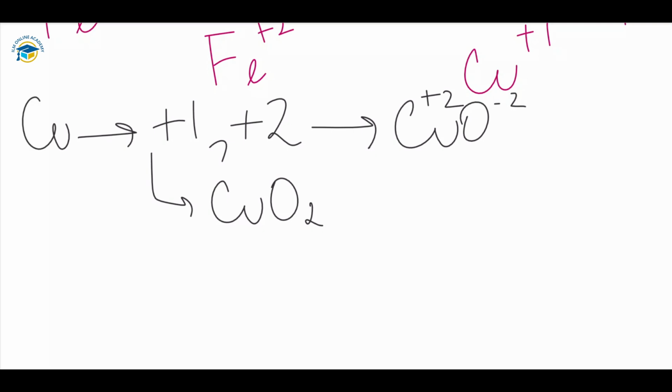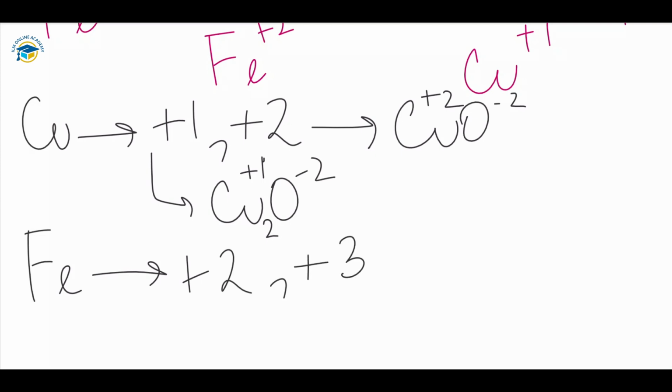In the case of this one, we have +1. And in case of iron, we have variable valency of +2 and +3.